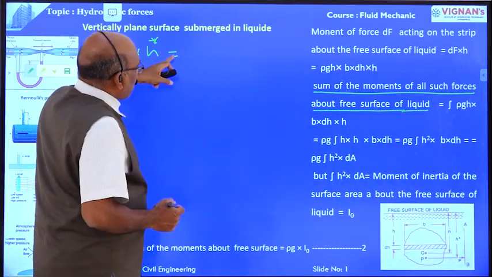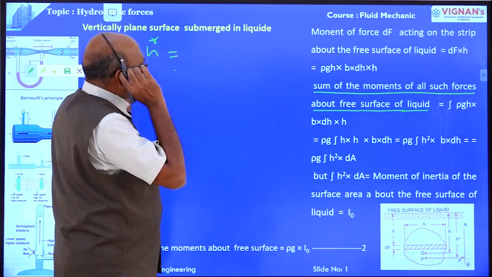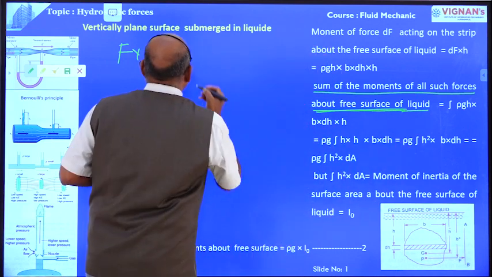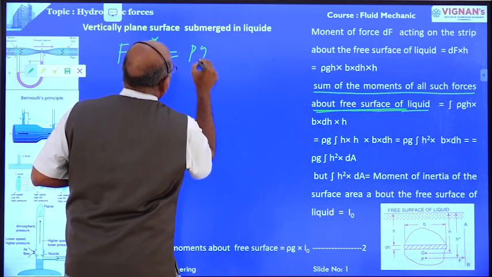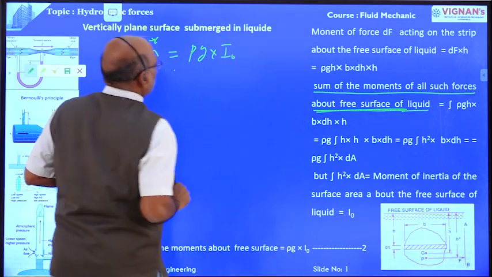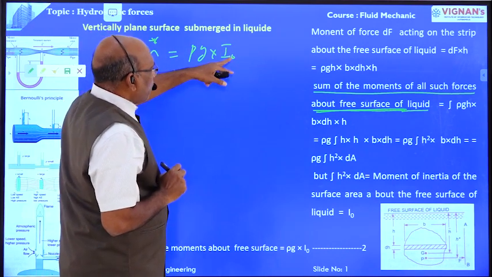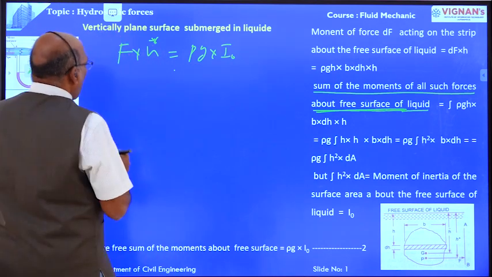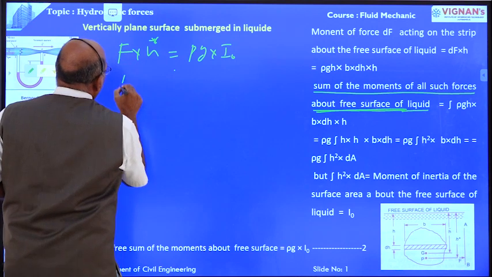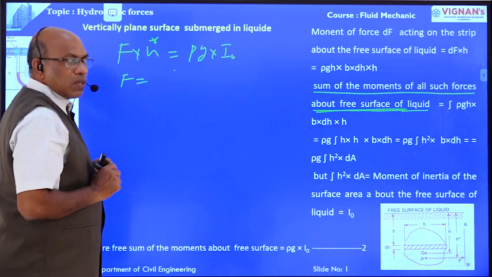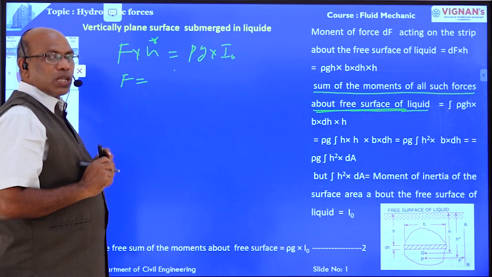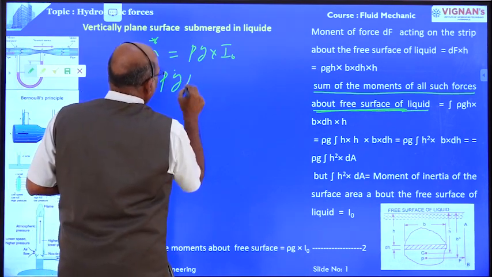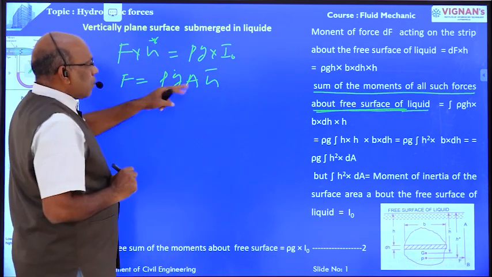Right, F into h star is equal to the sum of the moments of all such forces about the free surface, which we determined to be rho g into I0. This is the moment of inertia of the surface about the free surface of the liquid. But F, the total pressure force, is rho g a h bar, which we have already derived.